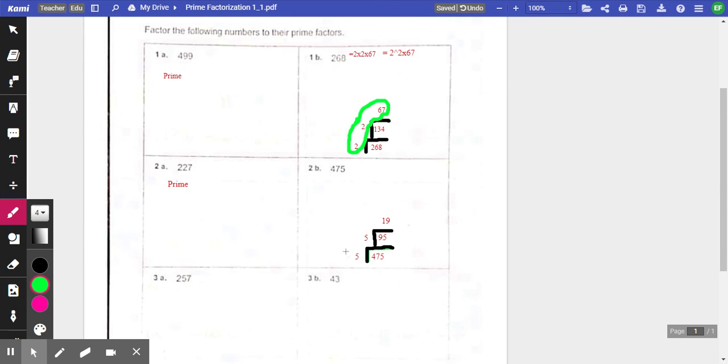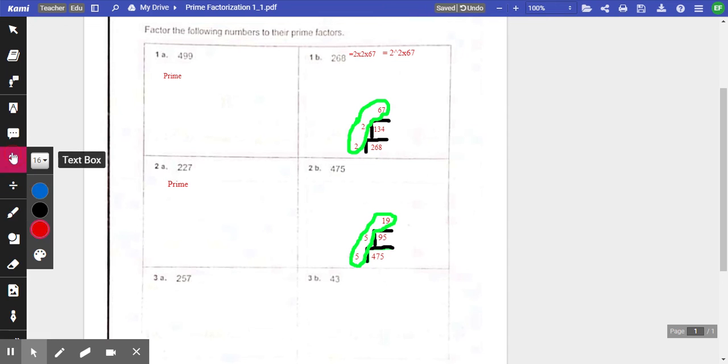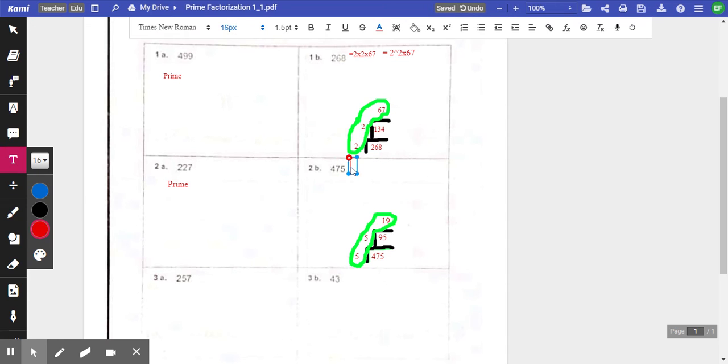So we're going to take the numbers that are to the left and on top. We're going to write those as a multiplication problem. So we're going to say 475 equals 5 times 5 times 19.